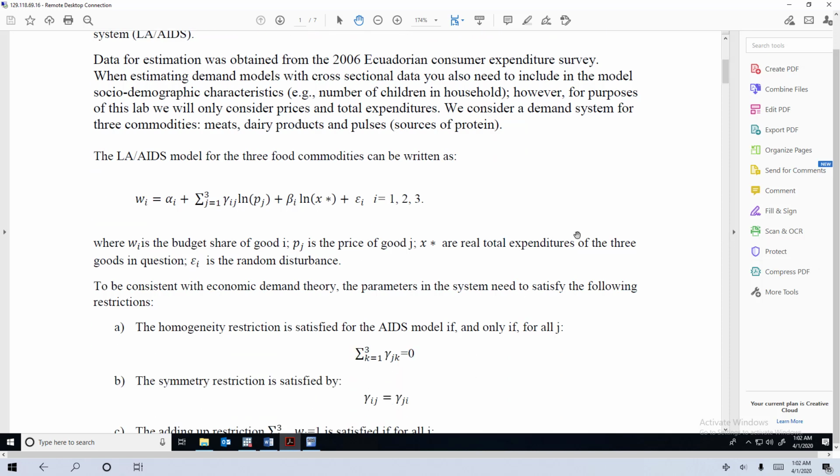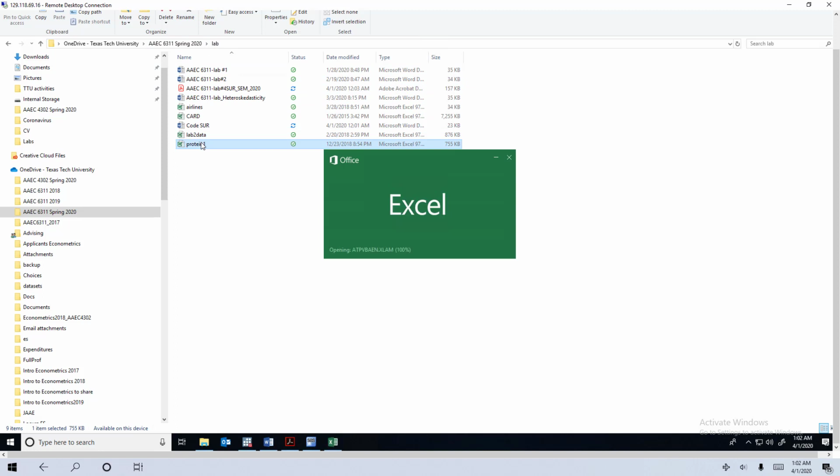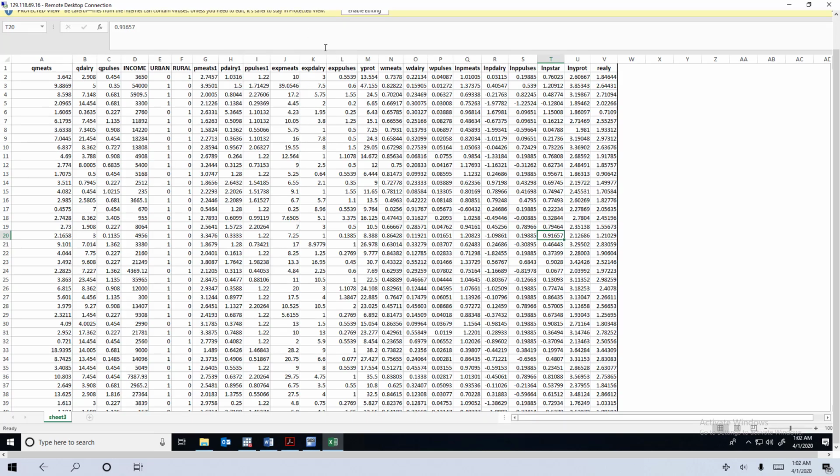Let me show you the data, so that you see how the data looks like in Excel, and you also have access to Excel. You have the quantities of meats, quantities of dairy products, in pounds.